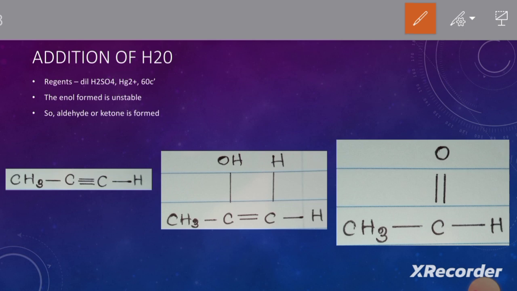The triple bond is between these two carbons. If I name these as A and B carbon atoms, A carbon atom has no hydrogen directly bonded to it, and B carbon has one hydrogen.